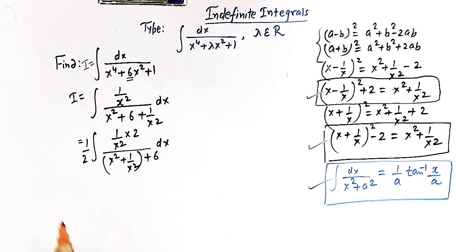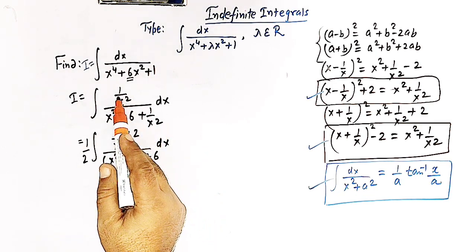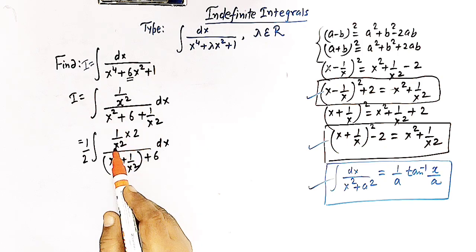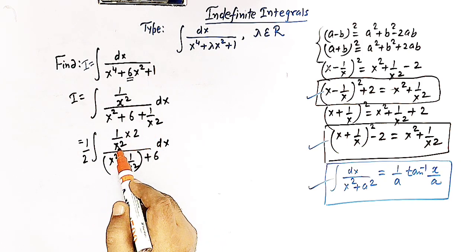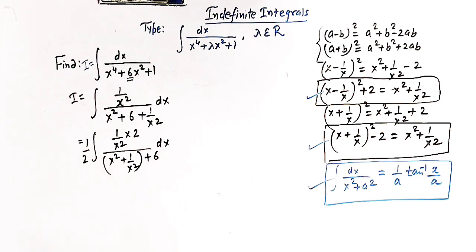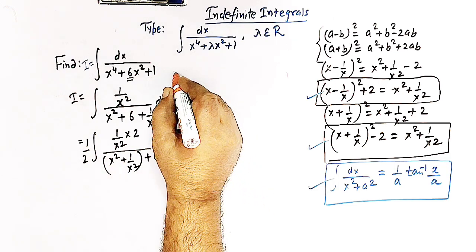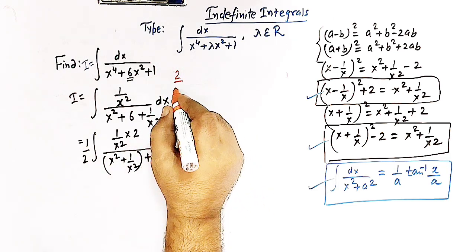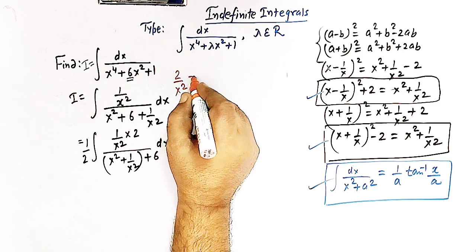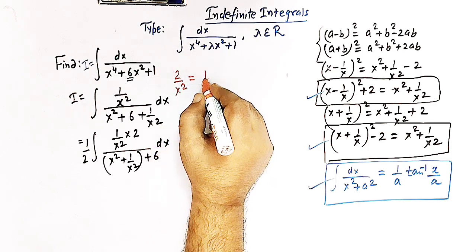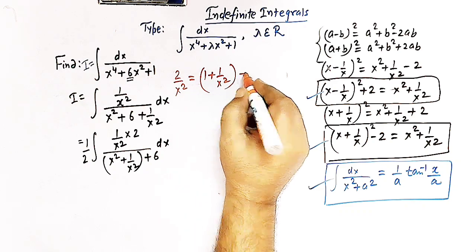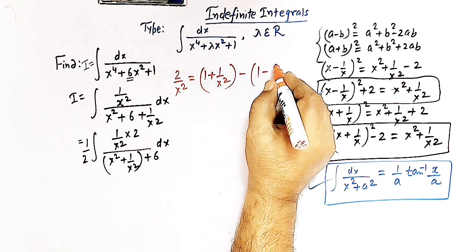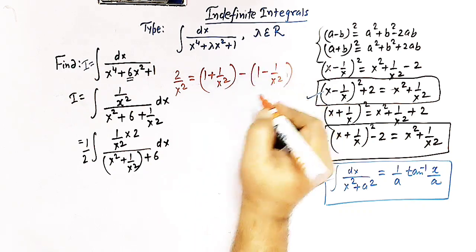So now the purpose of dividing the numerator and denominator by x square and then multiplying this term 1 over x square by 2 and dividing by 2 is that this quantity, that is 2 over x square, can be written as 1 plus 1 over x square and minus 1 minus 1 over x square, right?